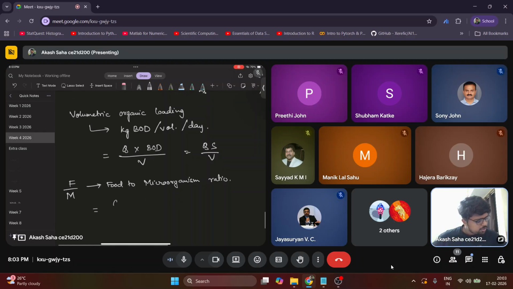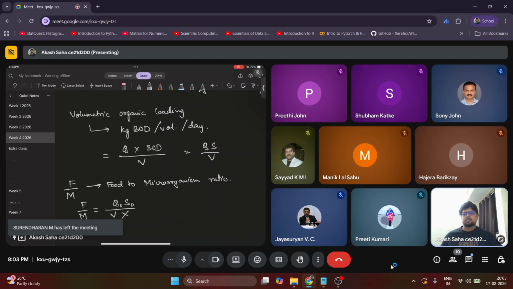We find this out by QS by V into X. Just a small difference: only V into X will come instead of V only. So F by M is equal to QS by VX. Or instead, this is not QS, we should write it as Q naught S naught by VX, because Q naught S naught is the food that is coming inside the reactor. So like that you have to solve.